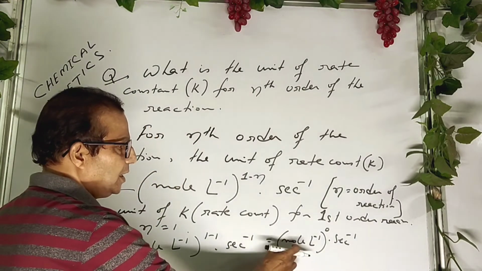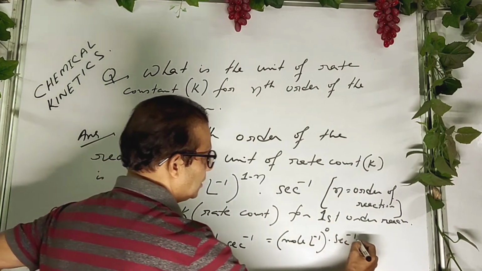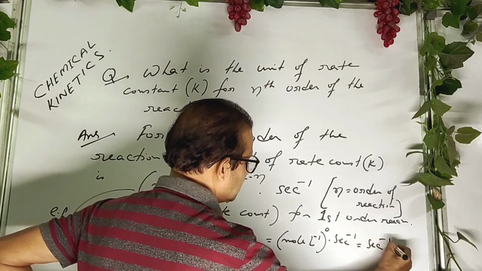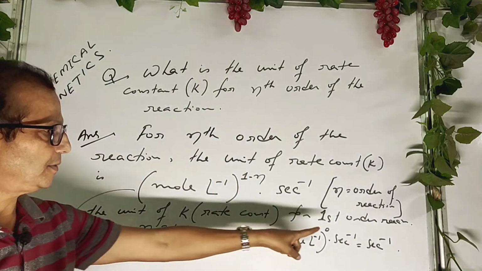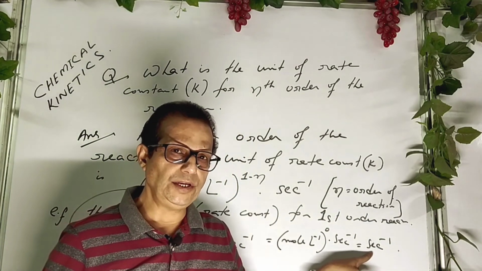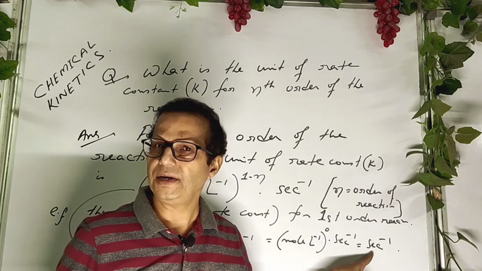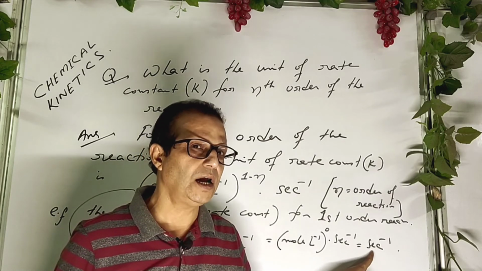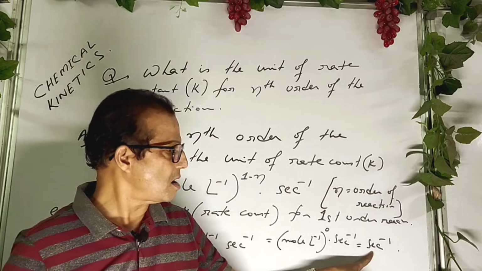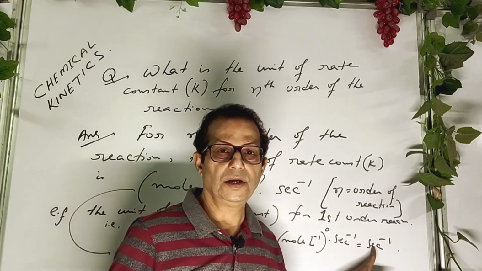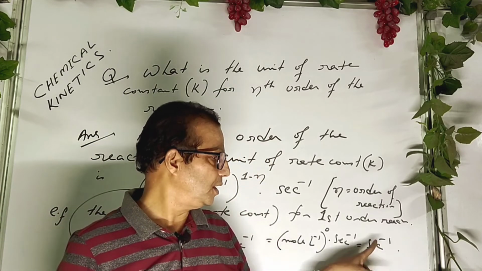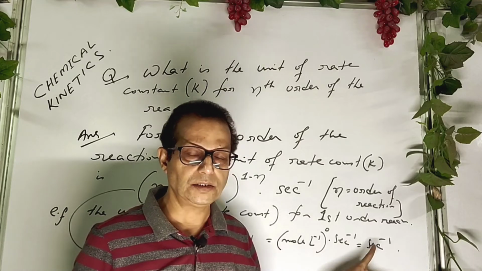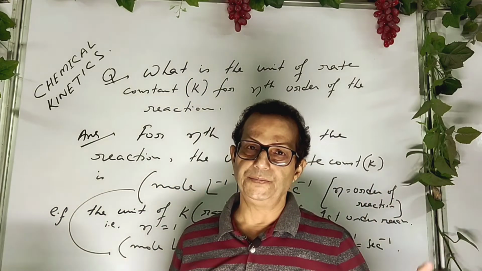You know that anything to the power 0 equals 1, so it is just second inverse. So remember it. If the unit of rate constant for any reaction is given in time inverse, it may be second inverse, minute inverse, or hour inverse, the order is always 1.